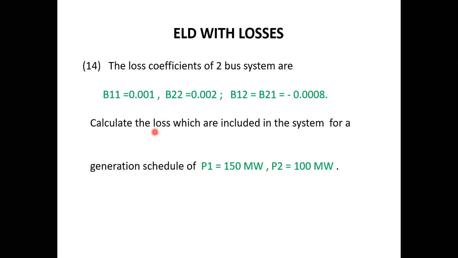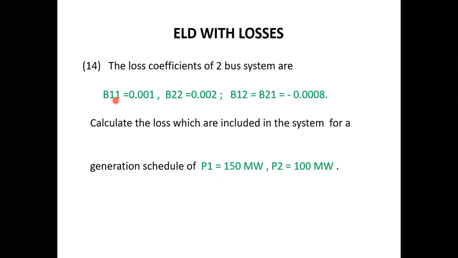So we have already done one derivation of power loss in terms of loss coefficients and in terms of real power generations. So by using that formula, we have to find out PL. But here, how many units are they considering? Only a two bus system. So when we consider K equal to 2, how many loss coefficients will we get here? 4 loss coefficients.